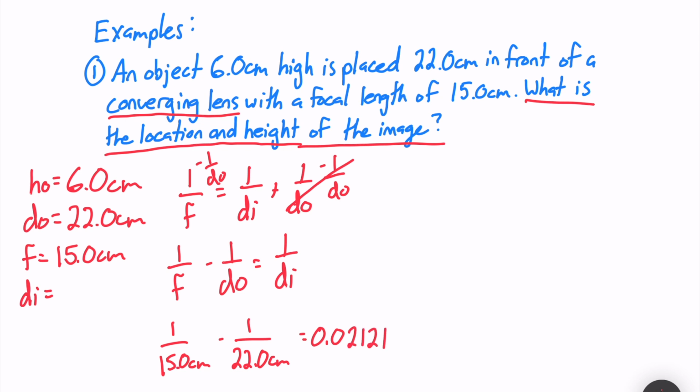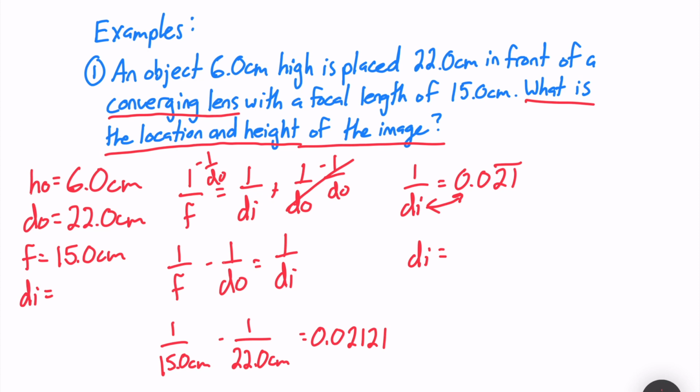So 1 over di is equal to that decimal number. If we take the reciprocal of that decimal number, we will get our answer.